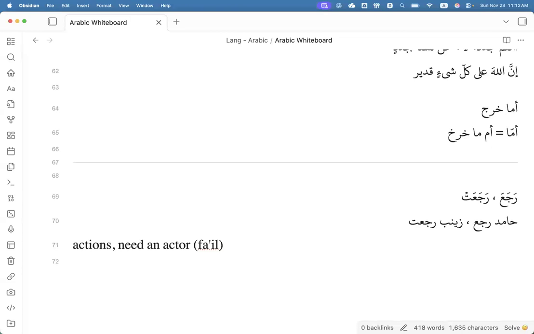Okay. Do actions always need an object? Yes, the action is done on something. Okay, so for example, no, this is not always true. Do actions always need an object? No, not always, right?